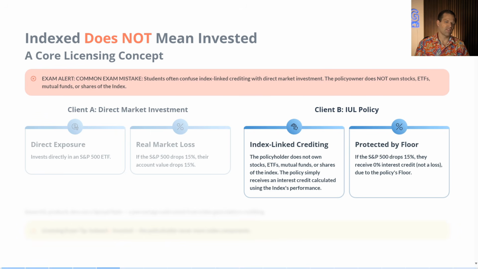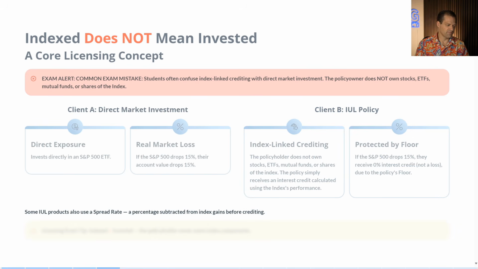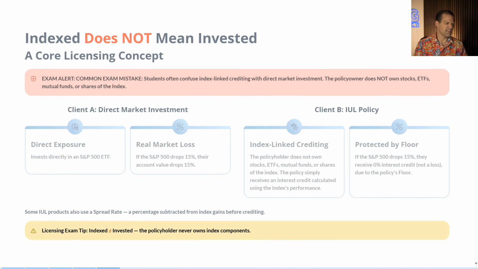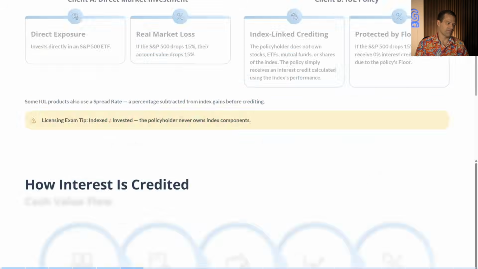So the uniqueness of this is that it potentially eliminates downside risk. Pretty cool, huh? They also have a spread rate, which is a percentage subtracted from index gains before crediting. So the key thing here is indexed does not mean invested. The policy owner never owns an index component.